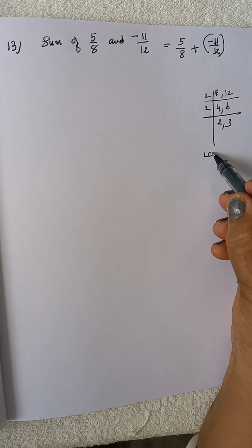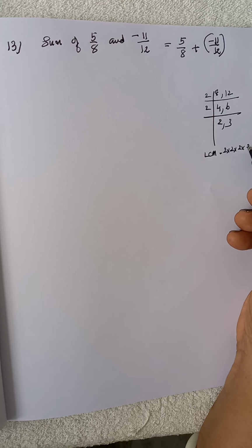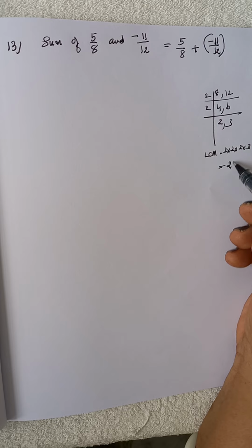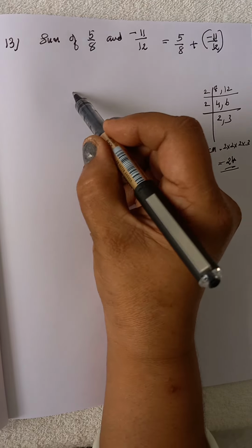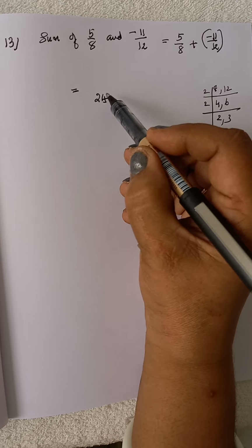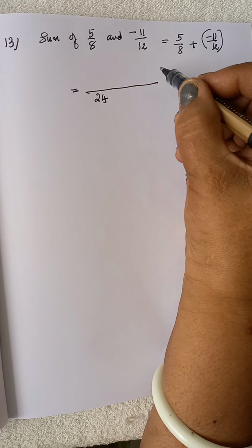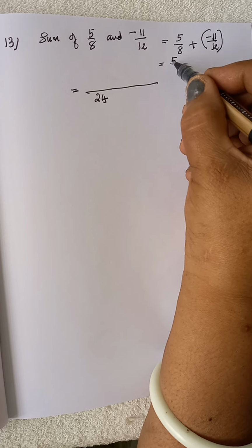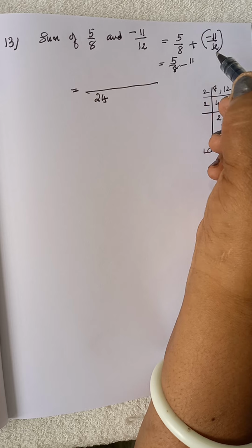So the LCM is 2 into 2 into 2 into 3. 2 into 2 is 4, 4 into 2 is 8, 8 into 3 is 24. Therefore, we can write this with 24 as the common denominator. Here, if you want, you can write one more step like this: 5 by 8 plus, into minus is minus, 11 by 12.